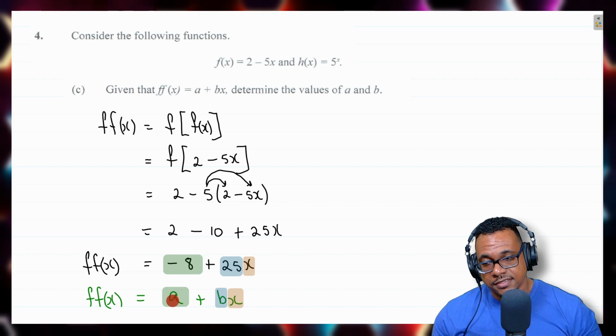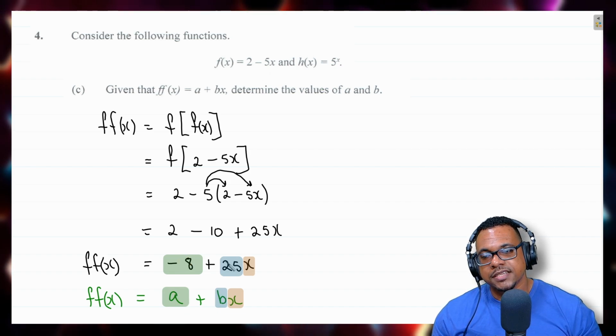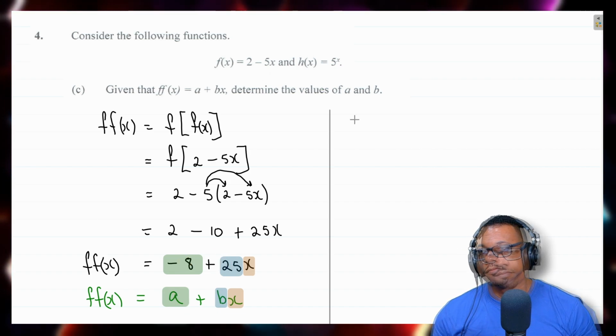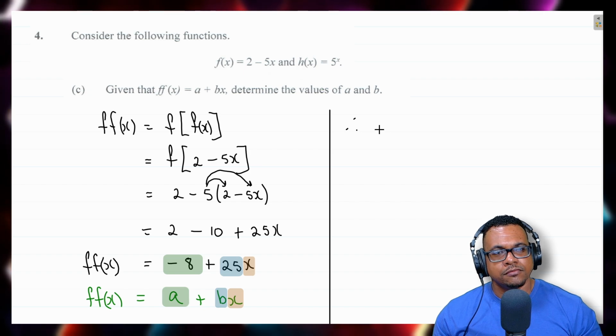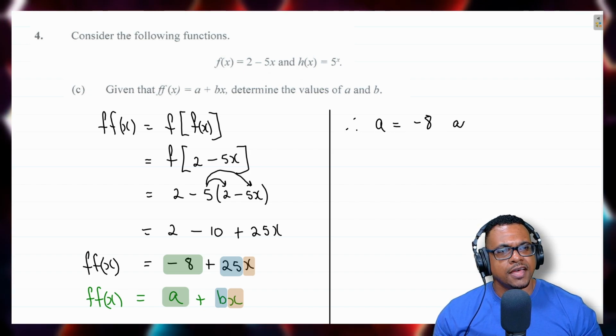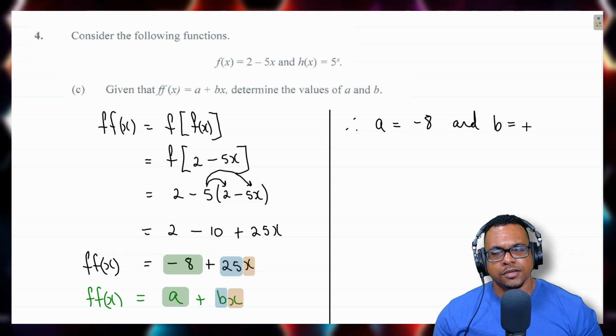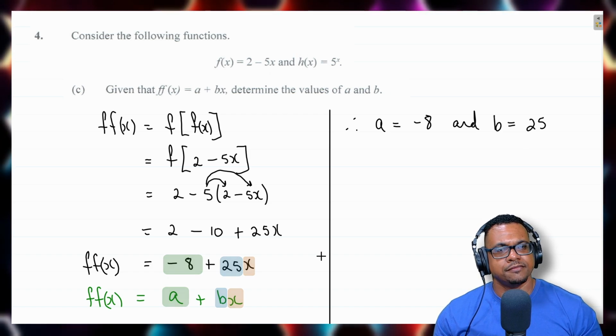That means a is equal to negative 8 and b is equal to 25.